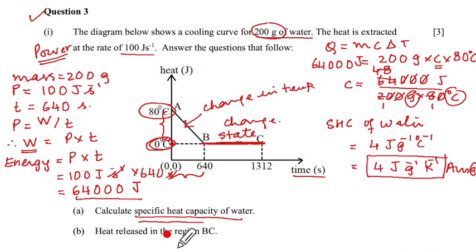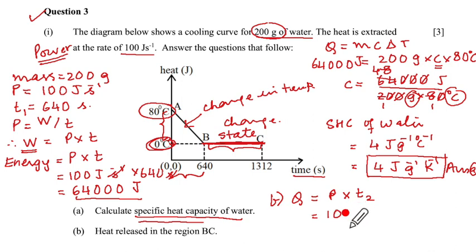For B, heat released in region BC. Now, how much is the heat released in BC? So, for our B, your Q is going to be equal to P into T. How much is the time for this? Now, if we call this initial time as T1, then we will call this as T2.